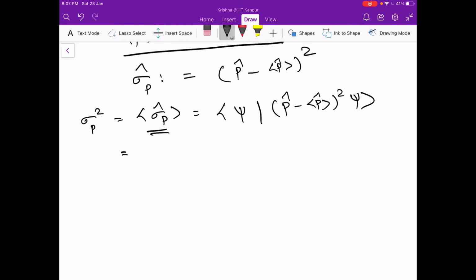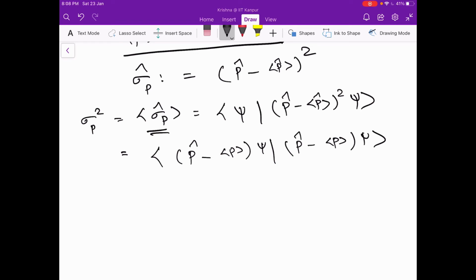I can go through this derivation fully, but I'll just go through a few steps and give you the final result. If you're not able to get through, the math is not very hard. So what we can do is we write like this: psi, p hat minus p, and of course because p is Hermitian, you can move things around.